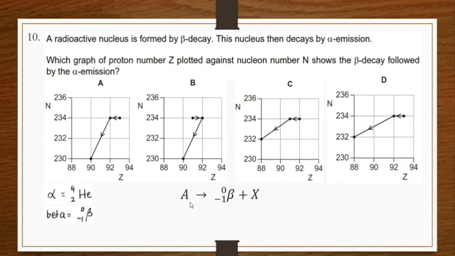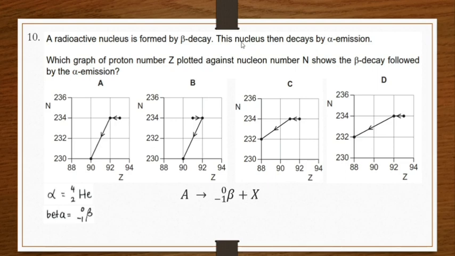So I will write down the equation. So if I have the nucleus, it will be symbolized by this X. Yeah, it is formed by beta decay. So the proton number of the new nucleus will increase by 1 here.